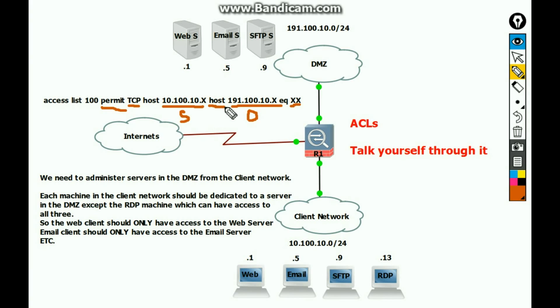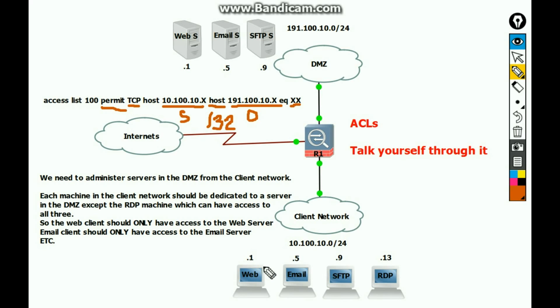And then you also see this word host right here. When you see host on an IOS access control list, think of a subnet mask of /32. Okay? So I want to explicitly give access to this person that has this IP address.